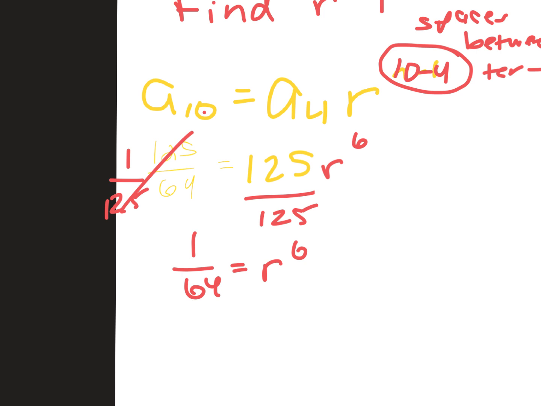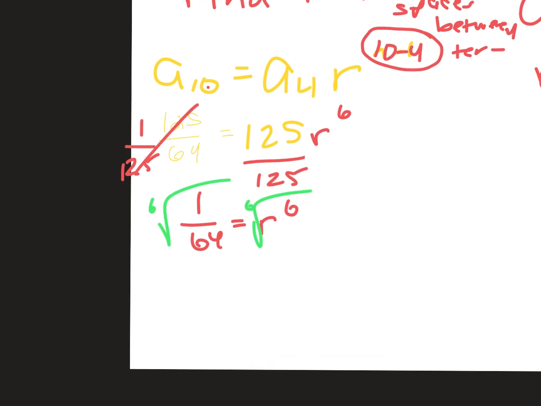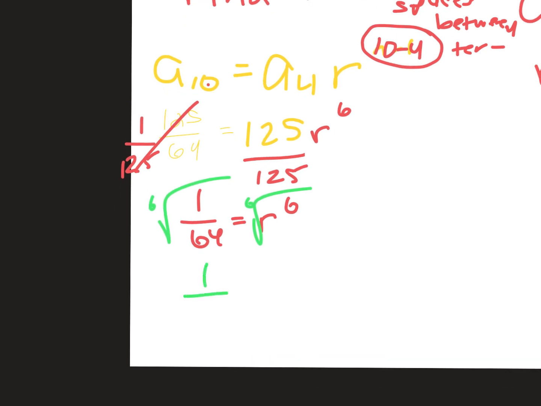Now, instead of taking the square root, we're going to take the what? The 6th root. Some of your calculators do this, some of them don't. But guys, just think for a second. What number times itself 6 times is going to give you 1? 1. What number times itself 6 times is going to give you 64?